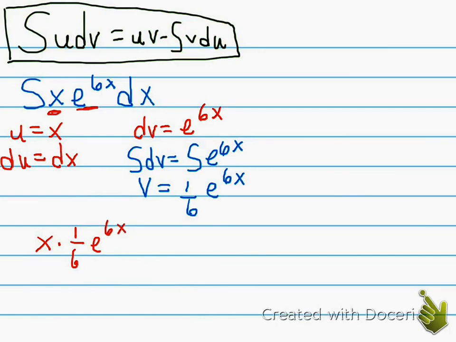There's my u times my v, minus the integration of v, which is 1/6 e to the 6x, du, which is dx. So now I just have to simplify this part, which would just end up being 1/6 x e to the 6x.